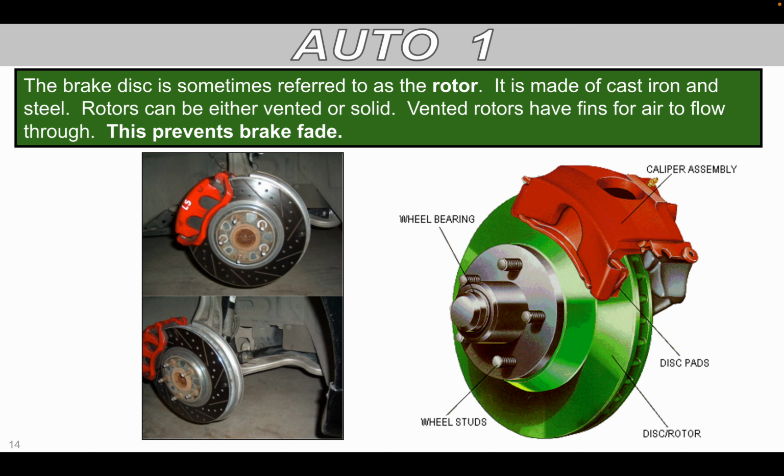Why would we want air in between our rotor? To help cool it down. Because again, we're going to be creating friction. We're going to be creating heat. We don't want it to become super saturated with heat rapidly. So, because our front brakes are doing 60 to 70% of our braking force, we are going to have vented rotors in the front to help cool that stuff down quicker.